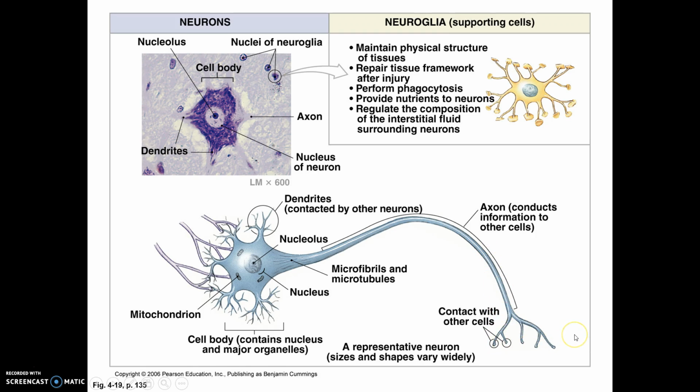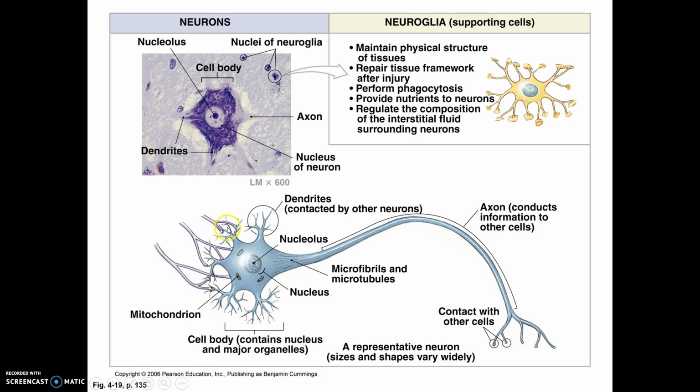Now, looking at the neuron itself, there are three main parts of a neuron, and in this picture we see the tree-like extensions coming off called dendrites, and it says in the picture contacted by other neurons. So these dendrites' main job is to receive neurotransmitters.